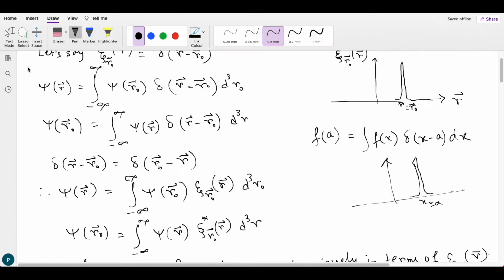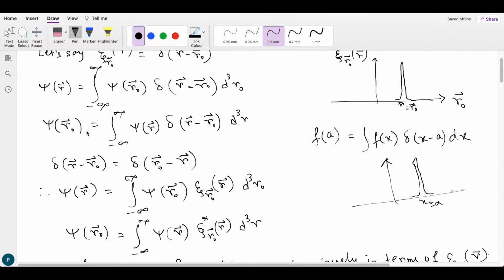Similarly, psi of r can be written as the integral of psi of r naught delta of r minus r naught d3 r naught. We are integrating on the variable r naught and the spike is present at r, so the integration will give the function at that point, that is r.